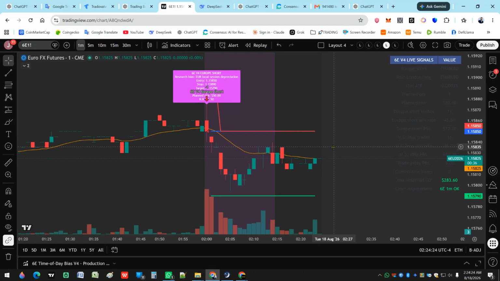Come on, bears, where are you? Let's push the price down. Then you can reject cleanly and beautifully, but reject down here. This recovery was better with more volume. It looks better. This recovery is weird.